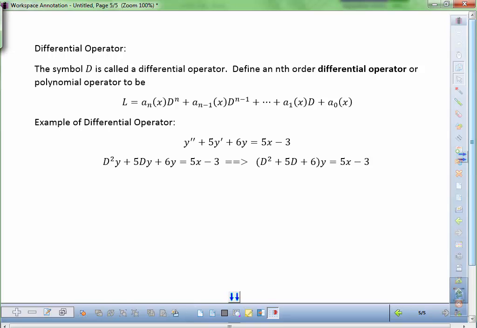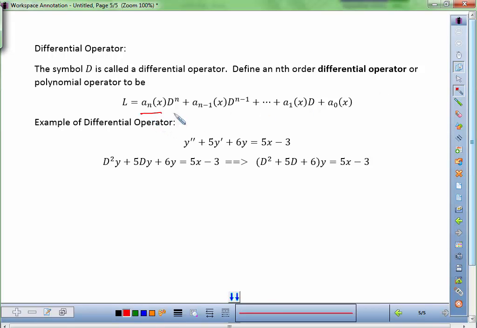But now what they did is they string a bunch of things, attach a bunch of things to it, and they say this is a linear operator, or a differential operator. And notice this notation, right?